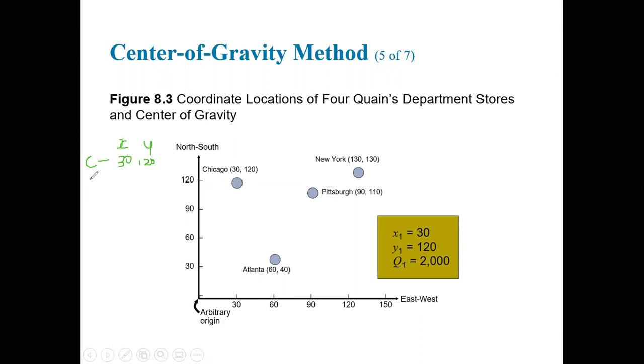Then we have Atlanta, where we have our x value being 60 and 40 for the y value. Then we have New York, that's 130 and 130. And finally, this Pittsburgh, that's at 90 and 110.